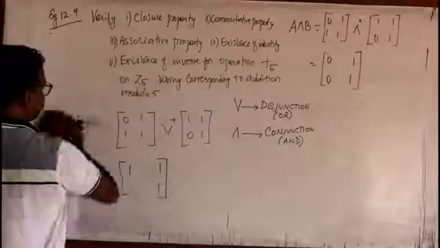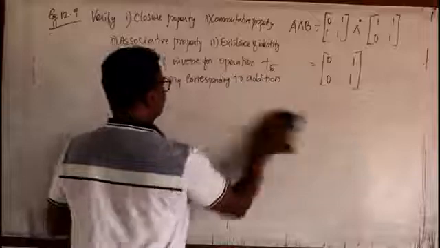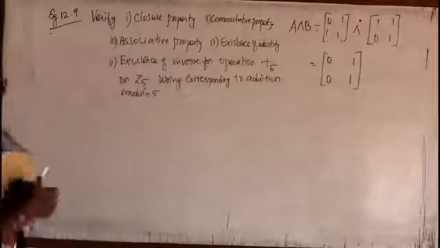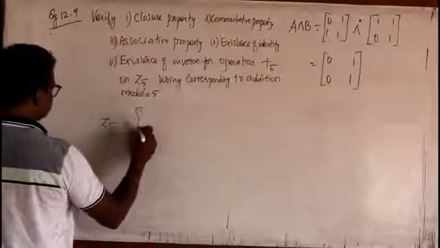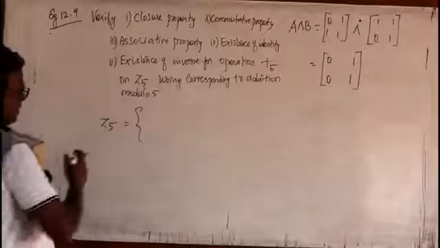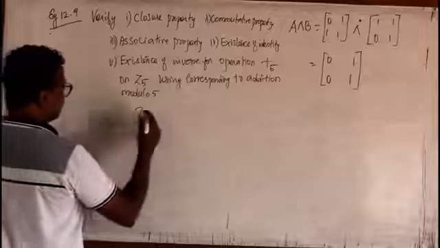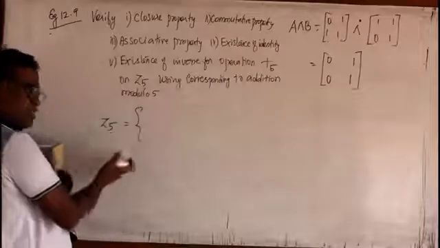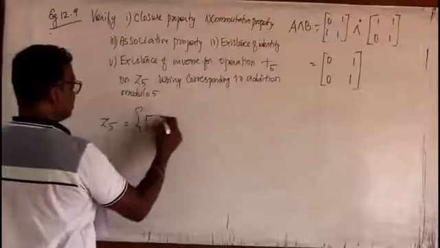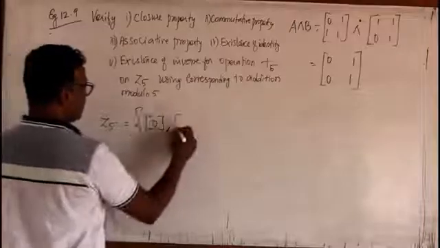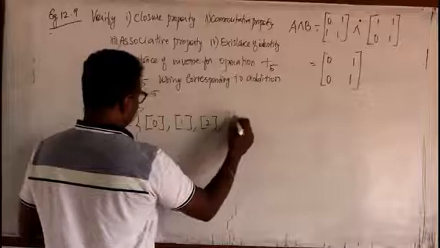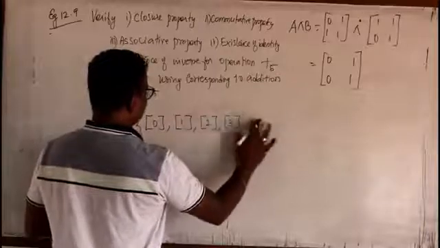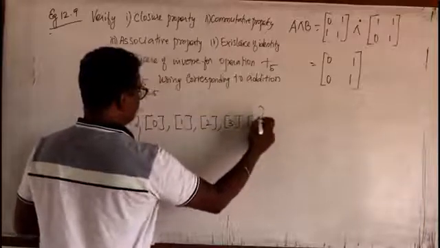This plus 5 means it is called addition modulo 5. That means I have to do the operation addition modulo 5 on Z5 elements. Z5 elements means the elements of Z5, all these elements are called residue classes. Here I have the residue terms 0, 1, 2, 3, 4. So totally I will have 5 elements.